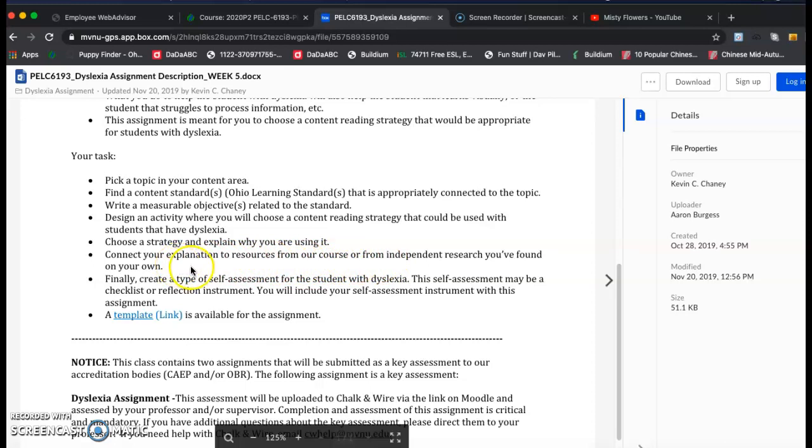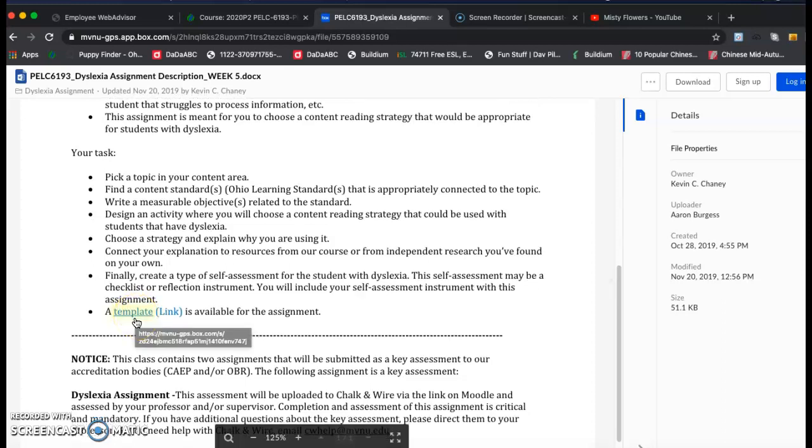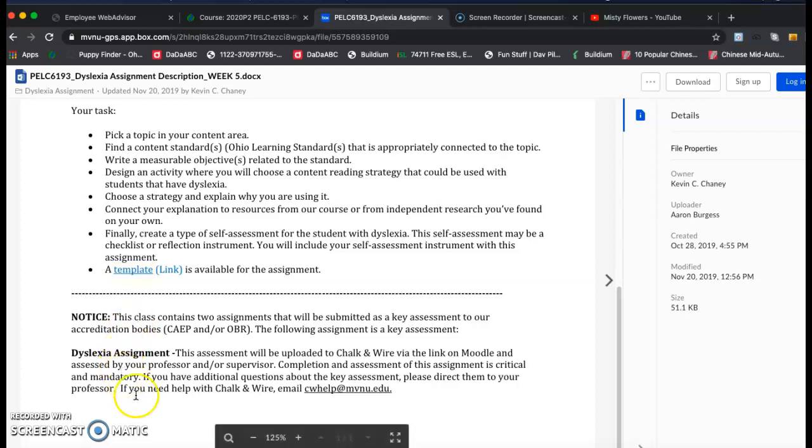Then you're going to create a self-assessment for the student with dyslexia. This self-assessment may be a checklist or a reflection instrument, but you will include that with the assignment. On Moodle, there is also a template available for this assignment. Now remember, this is submitted 2 places, Chalk and Wire and Moodle.